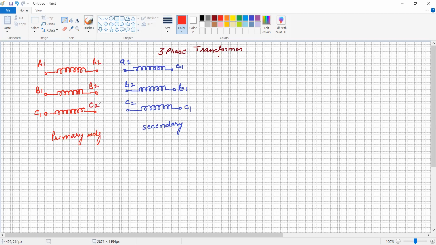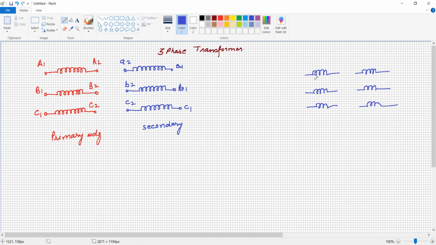Say, for example, if you take only the three windings in the primary, there are no notations. Simply primary winding and secondary winding.